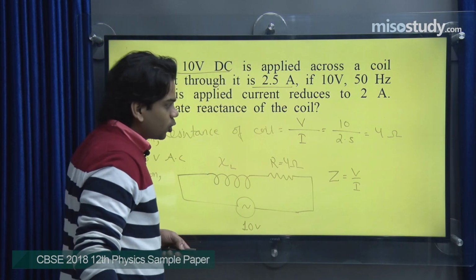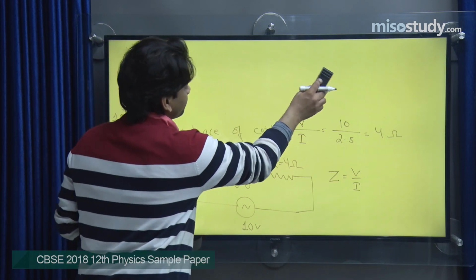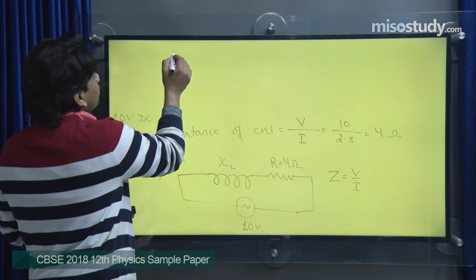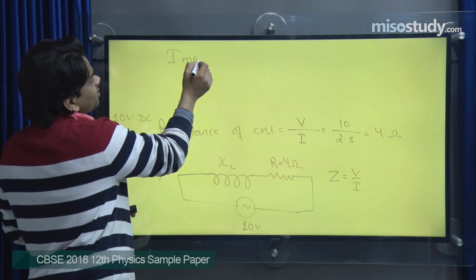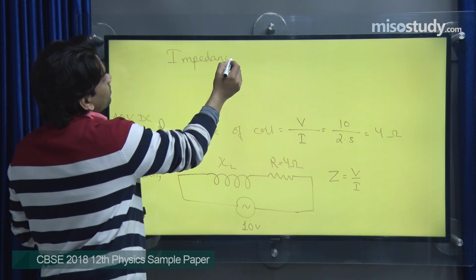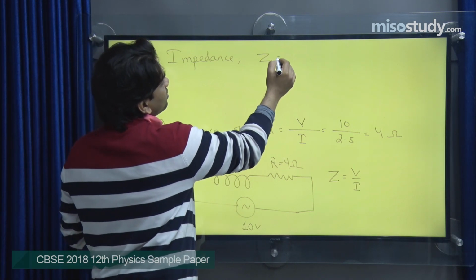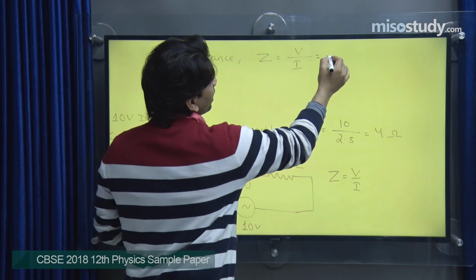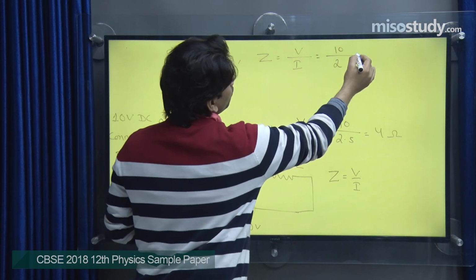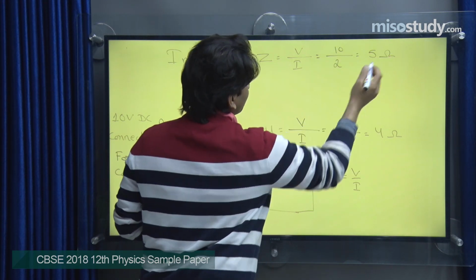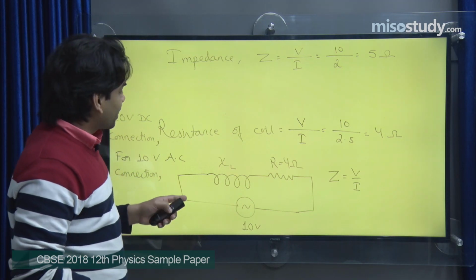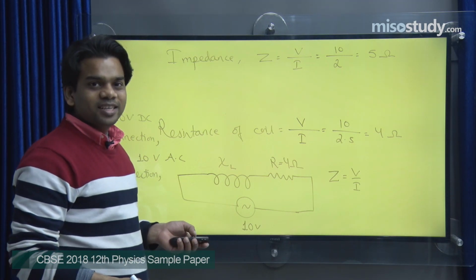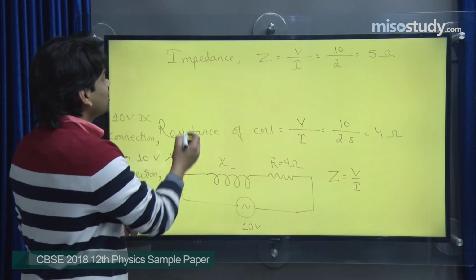Impedance Z will come out to be, I am using this part of the board, Z is nothing but V by I, that is equal to 10 volt AC and I is 2, that is actually 5 ohm.